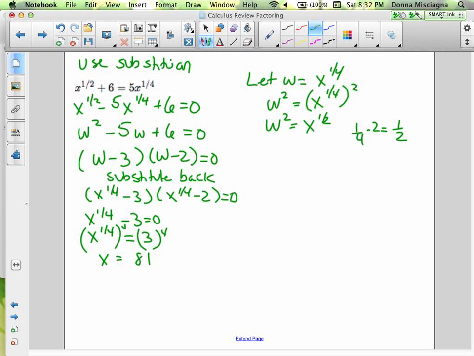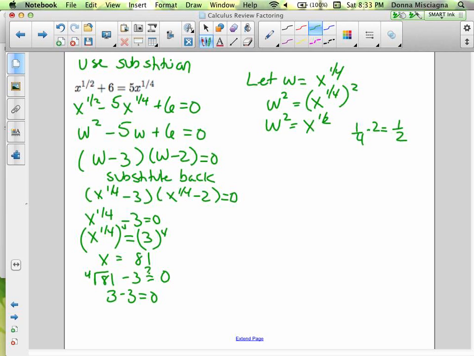If we plug it back in, the 4th root of 81 minus 3, does that equal 0? Well, the 4th root of 81 is 3, and yes, 3 minus 3 equals 0.